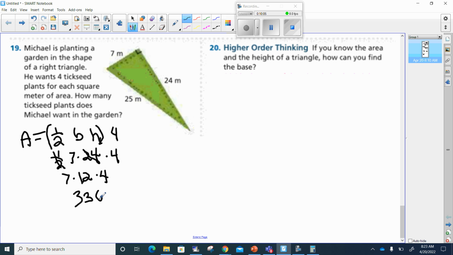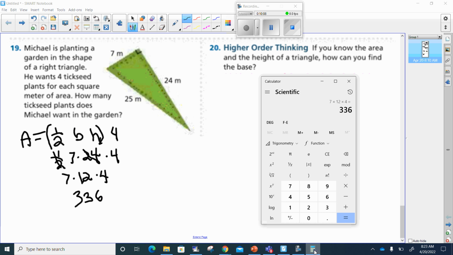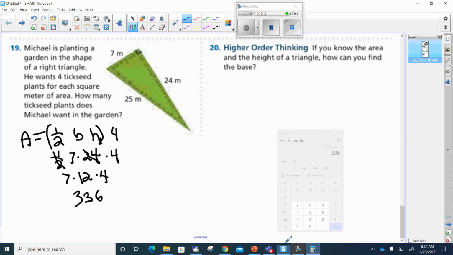So let's not forget what that means, okay? That's not square units. That's going to be 336 tick seed plants.